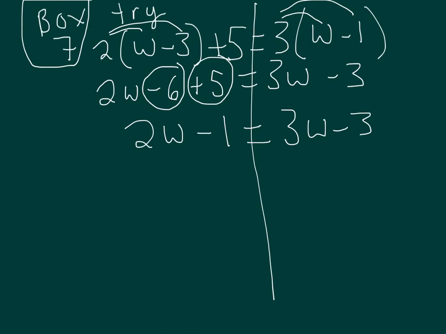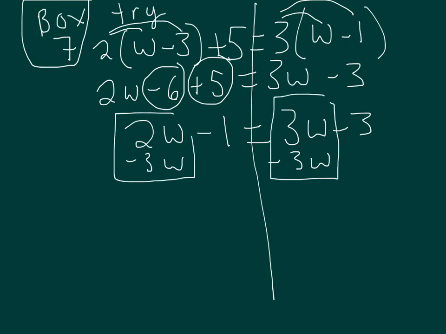Now I have an equation with variables on both sides. I'm going to, of course, subtract my 3w on both sides. That will get rid of the variable on this side. Those cancel. This is my addition box. Negative 3 plus 2 is negative 1w minus 1 equals. Now don't forget that's not a 3.